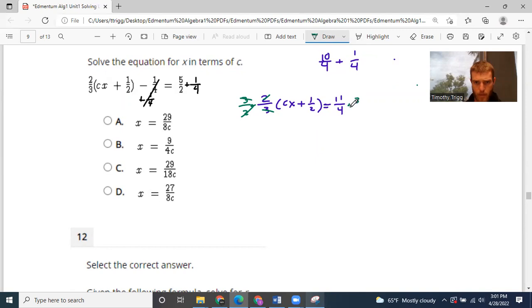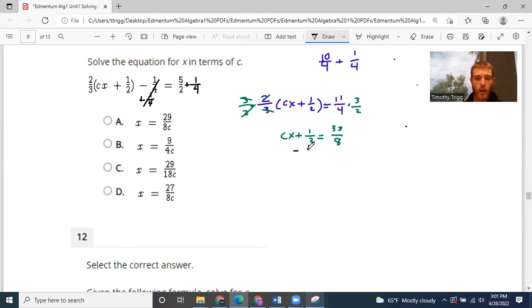Multiply by 3/2, giving us cx plus 1/2 equals 33/8. Oh, this one's not fun at all.